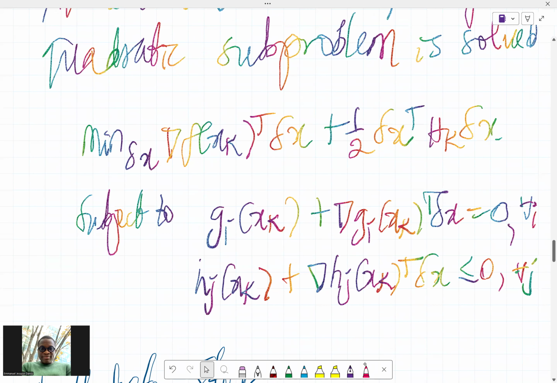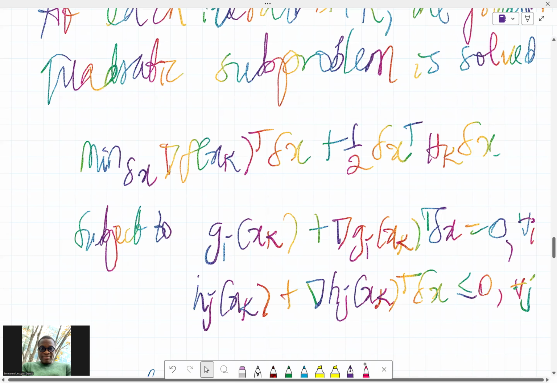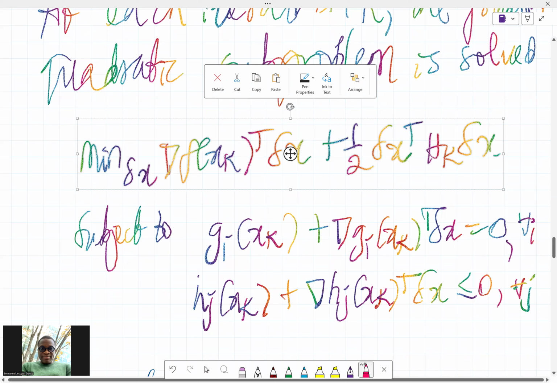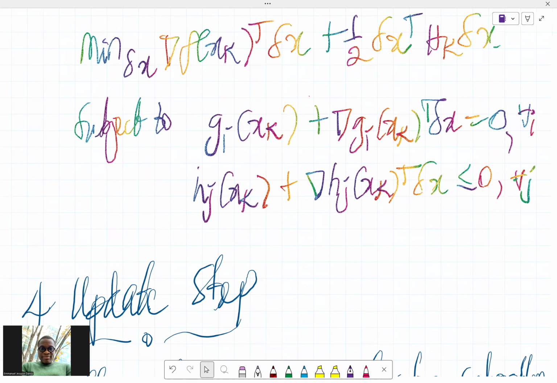Where we are talking about the subproblem, this is grad of f of x_k transpose multiplied by delta x. So that's like f of x1, and then we have f of x2 also.